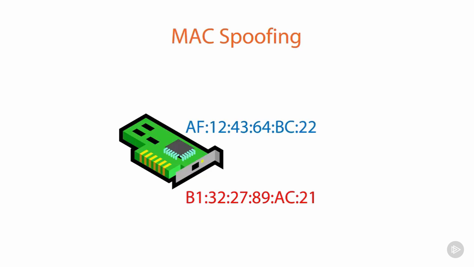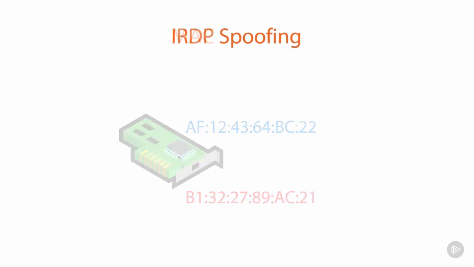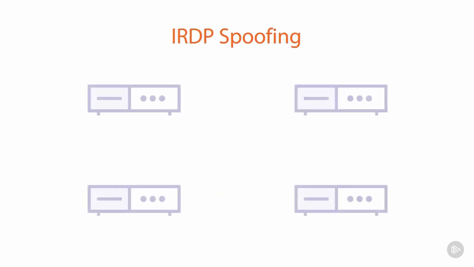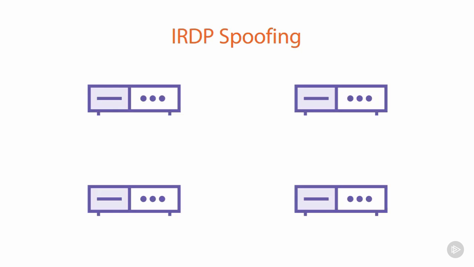Okay, another thing that I can try to do is something called an IRDP spoof. IRDP is actually short for ICMP Router Discovery Protocol. It's an extension of ICMP. This particular protocol helps to discover all the routers on the network by listening to the router advertisement messages. So a device that's connected to the network can listen to that protocol, but when they listen, there's a chance there could be a change to the routing table.